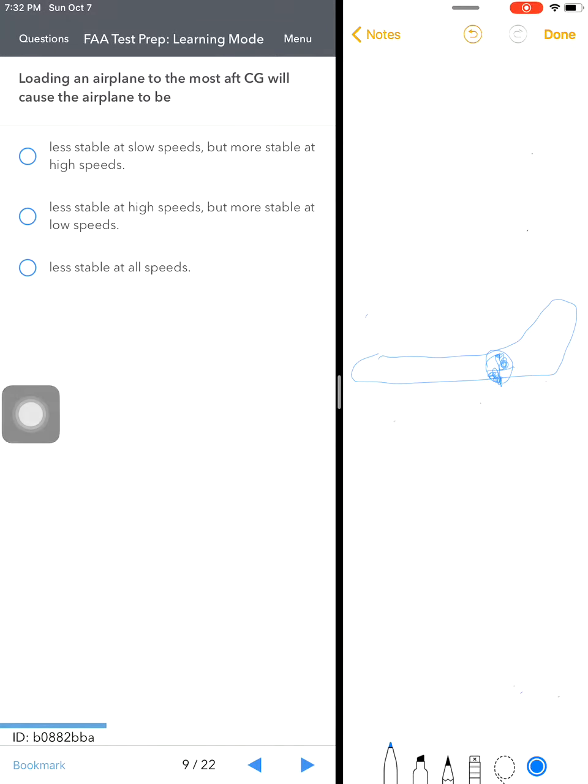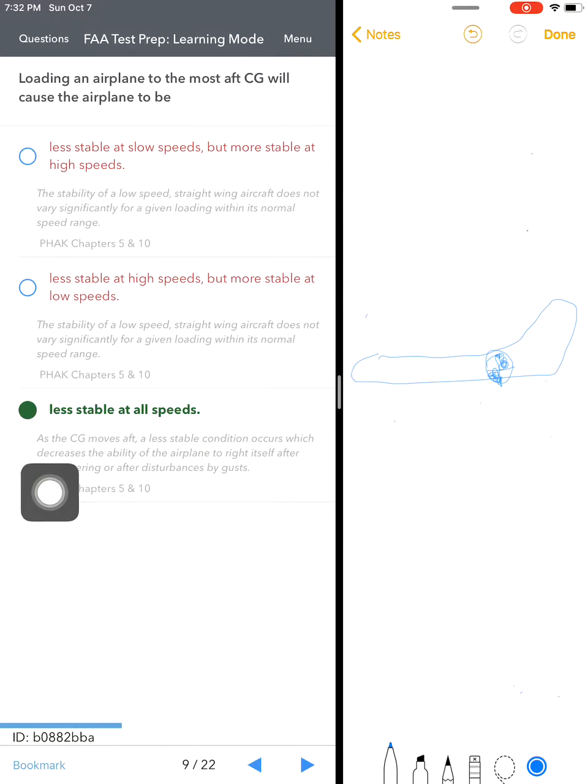If you go faster, your most aft CG, it's less stable, obviously, but less stable at all speeds. Do not forget that. But more fuel efficient.